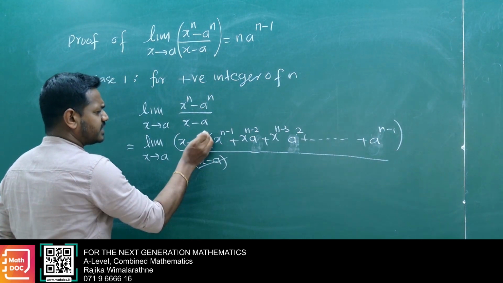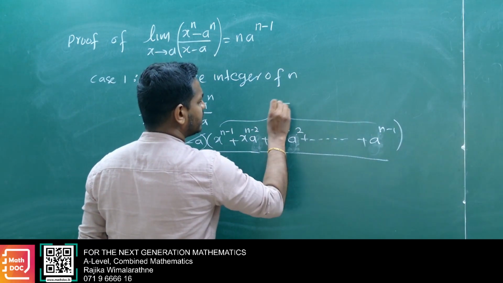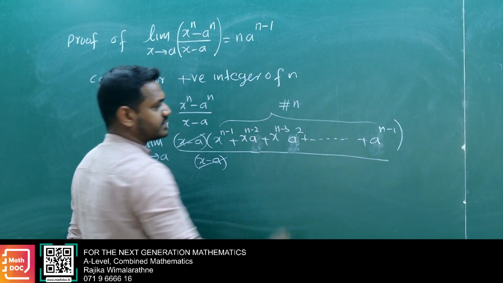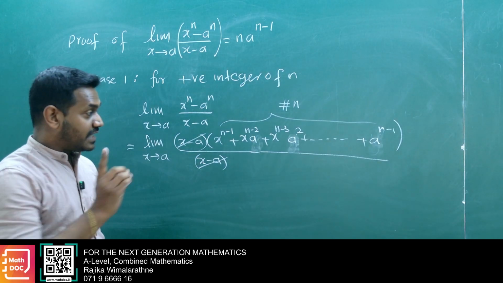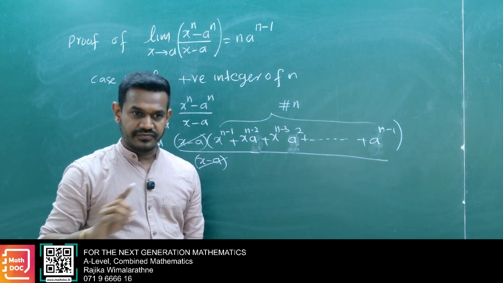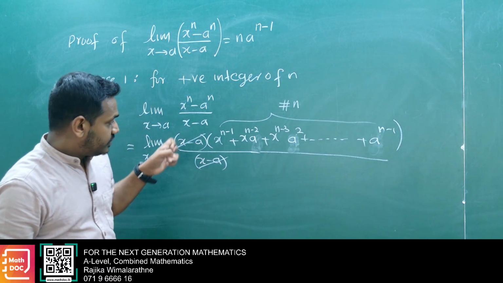Now cancel this factor. Now we know there are n terms. After cancelling this factor, that undefined case has gone. Then you can substitute.